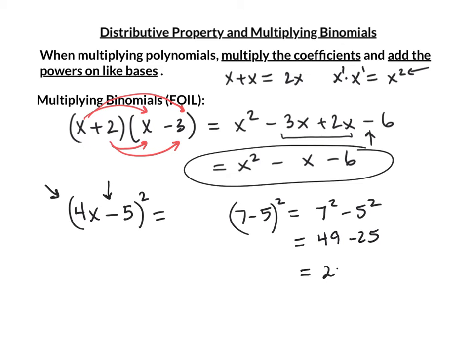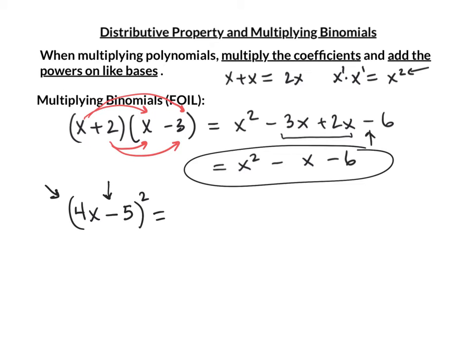Yeah, that looks good. But let me tell you that this does not work. These are not equal. I can show this to you really quickly. What is 7 minus 5? It's 2. And what is 2 squared? It's 4. Notice how these aren't the same thing. You can't distribute an exponent right here if you have addition or subtraction. It does not work.